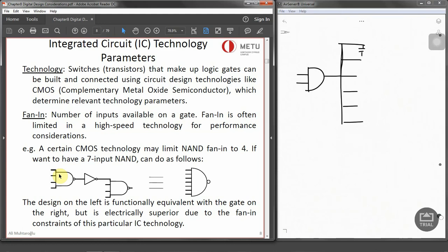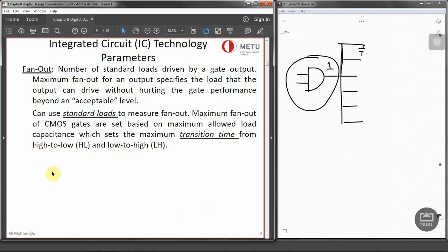Let's say we have logic 1 over here, but that logic 1 will be degraded because it has to drive 5 or 10 outputs together. That gate is not going to drive such a large number of loads. This is known as fan-out, and we need to be careful with that as well, because otherwise the performance is going to be degraded and it's not going to be acceptable.